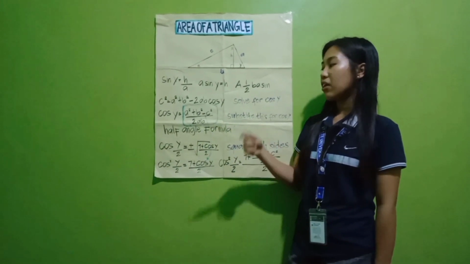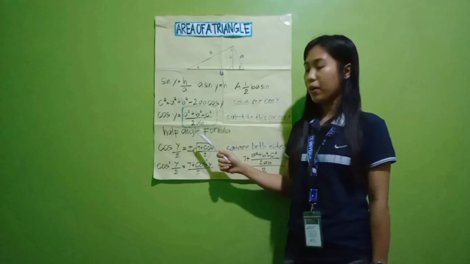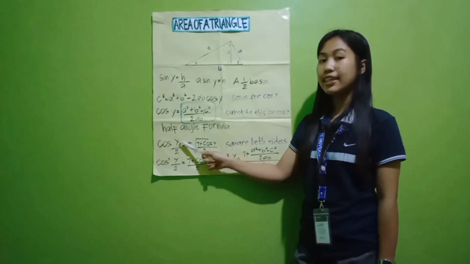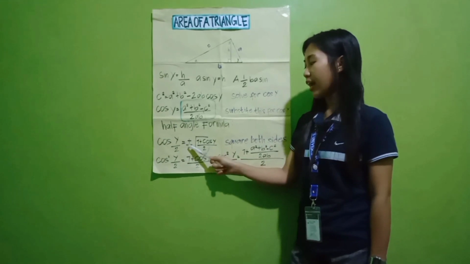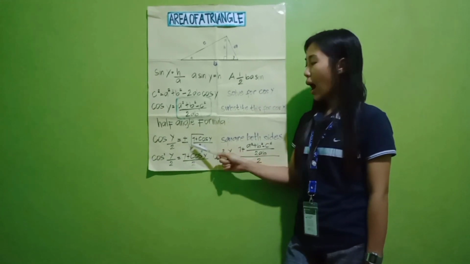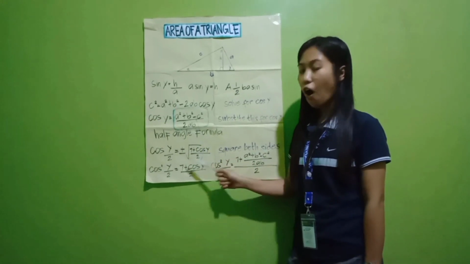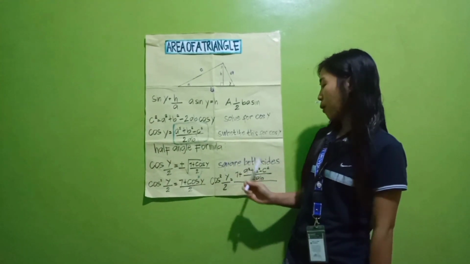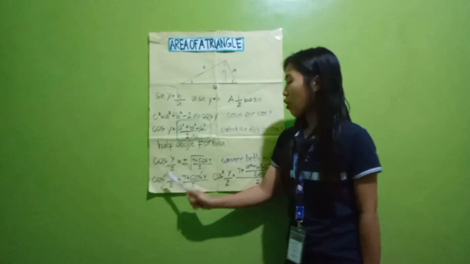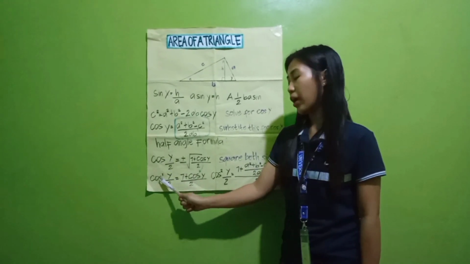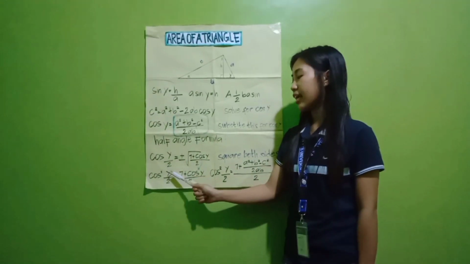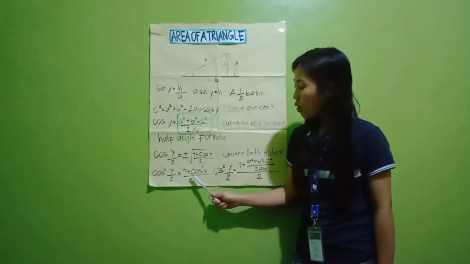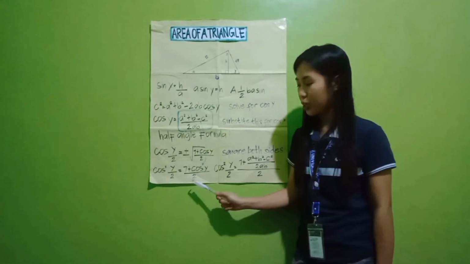Now let's take the half angle formula. Cosine gamma over 2 is equal to plus or minus the square root of (1 plus cosine gamma) over 2. Let's square both sides. Cosine squared gamma over 2 is equal to (1 plus cosine gamma) over 2.